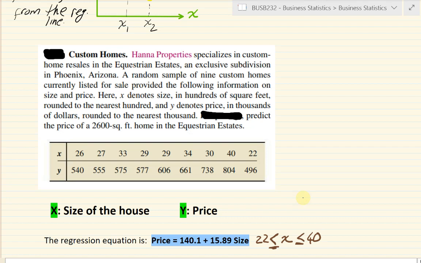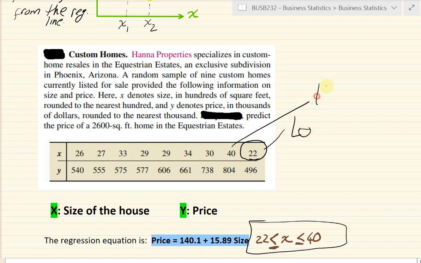Now, something that I have in here, what does that mean? X is between 22 and 40. Well, the lowest home size here is 2,200 square feet, and the highest one in this data is 40.